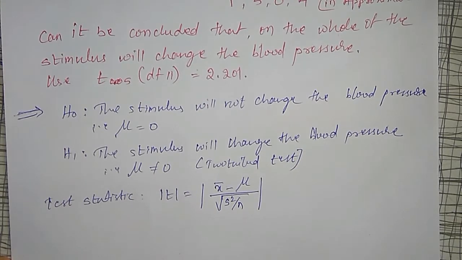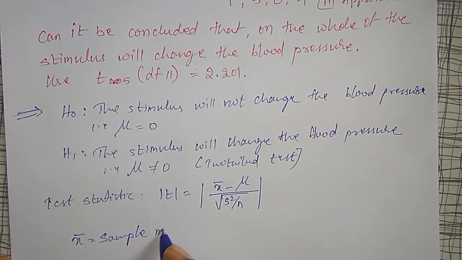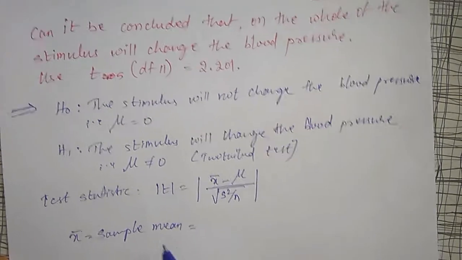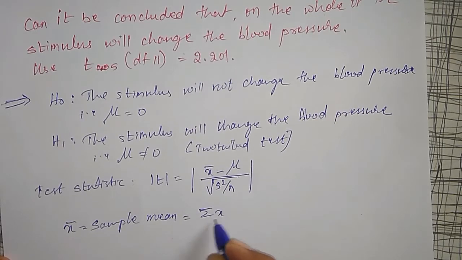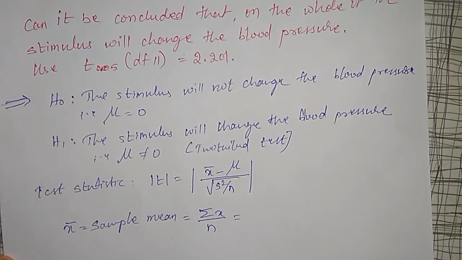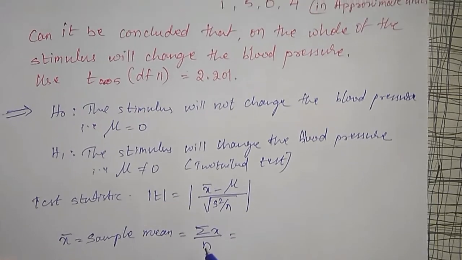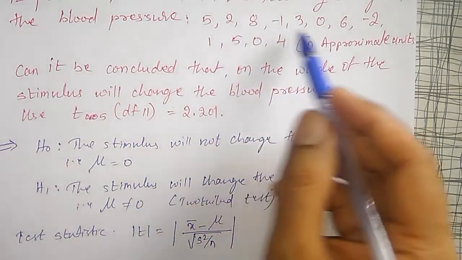I have to calculate this. Then how to calculate x bar here? X bar is nothing but the sample mean, that is given by the sum of all x values divided by n, the size of the sample.